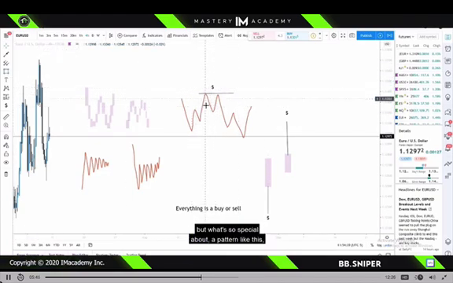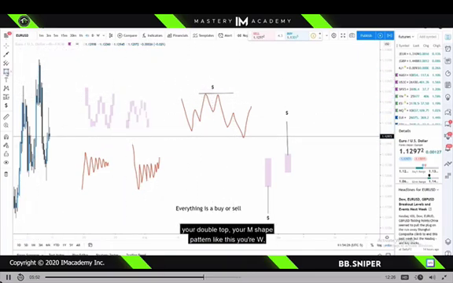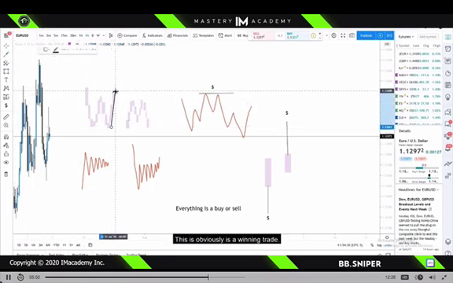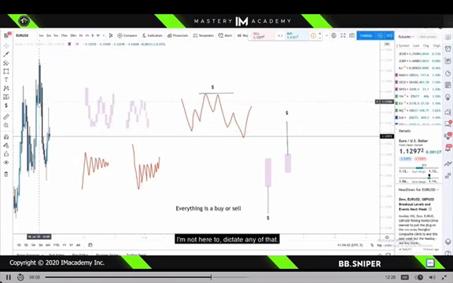But what's so special about a pattern like this, or a pattern like this, an M top, your double top, your M shape, a pattern like this, your W, your double bottom, okay, is we can argue all day. This obviously is a winning trade. This obviously is a winning trade. If you shorted here or bought here, fine. Okay, I'm not here to dictate any of that.